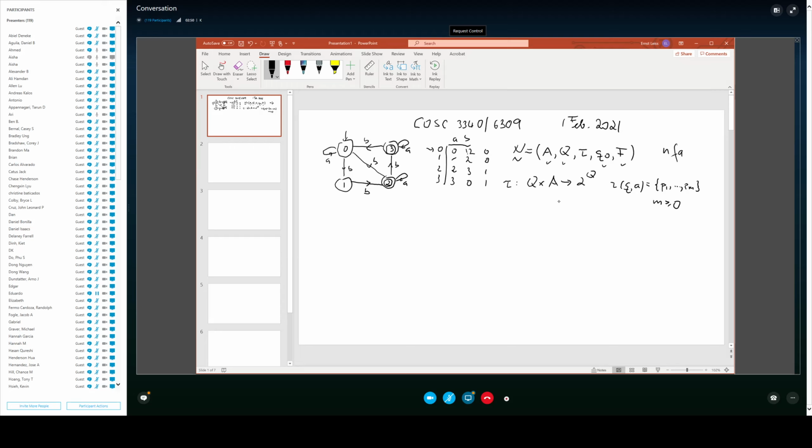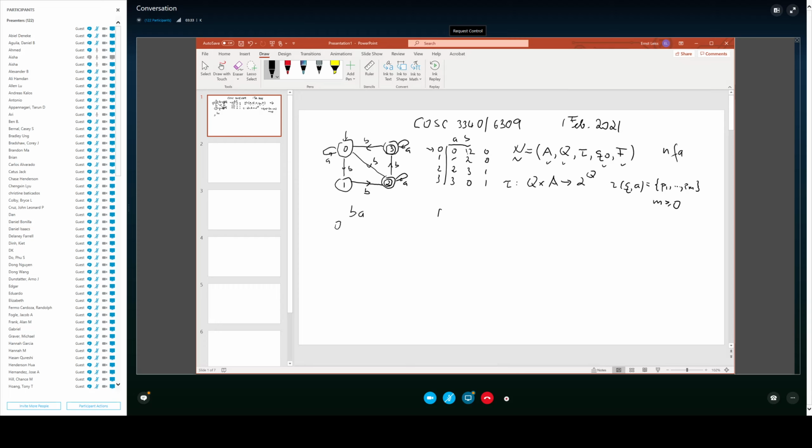And so if you have, say, the word BA, that is going to create a little bit of an interesting situation, because if we have B, we start, as always, in the initial state 0, and now we want to find out, is there a path that gets us from the initial to the final state.